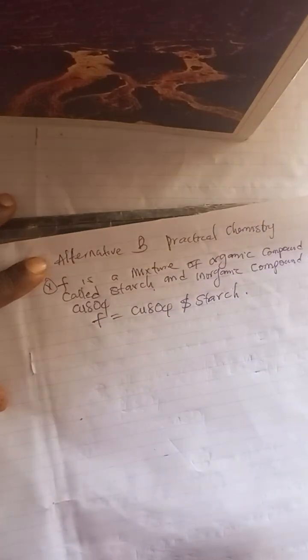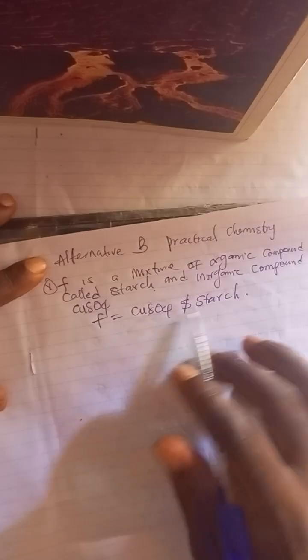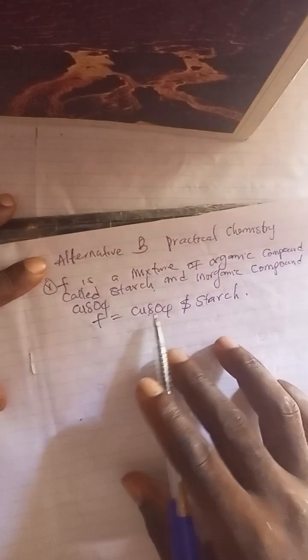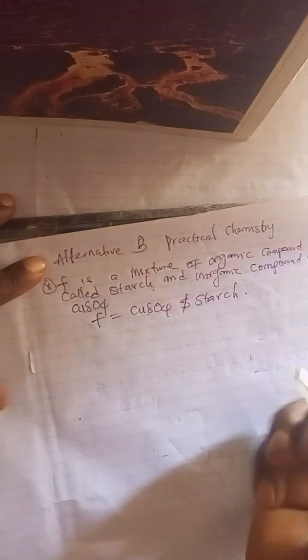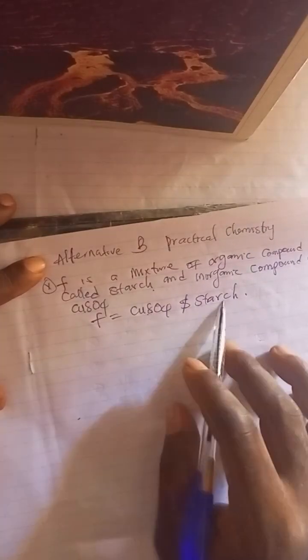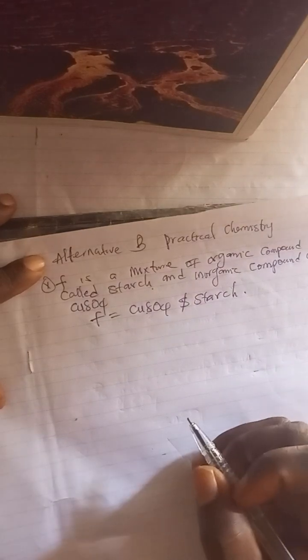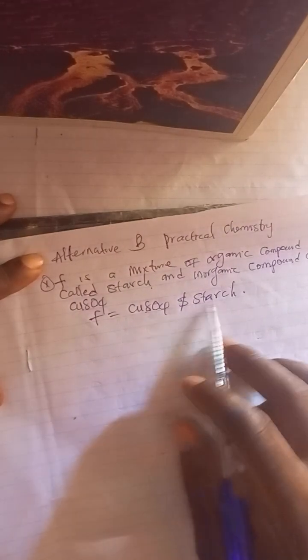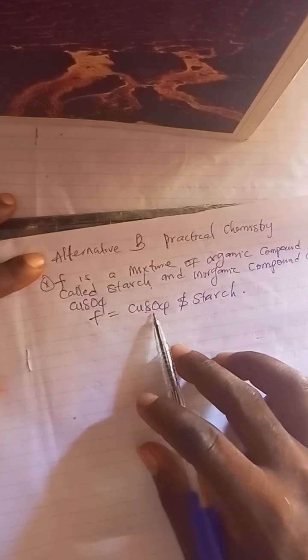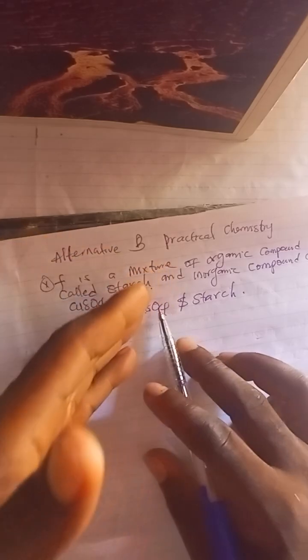You grab. So we are going to look at how we can separate these two mixture. So now, what are the reagents we can use in order to separate these two mixture? What I mean by reagent is that we can add to this, so that one of the compound will dissolve, therefore the other one will remain insoluble.